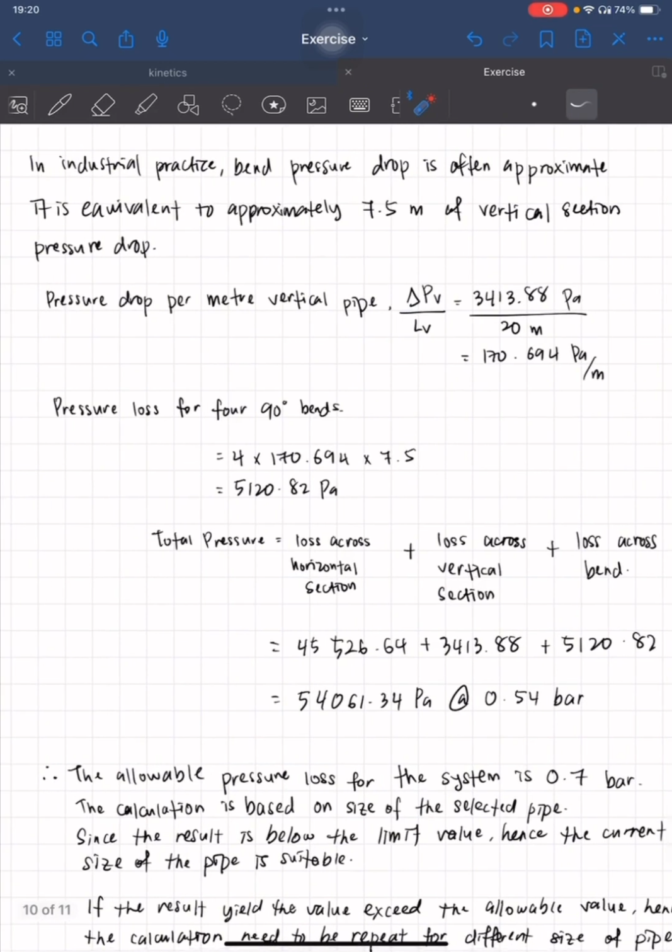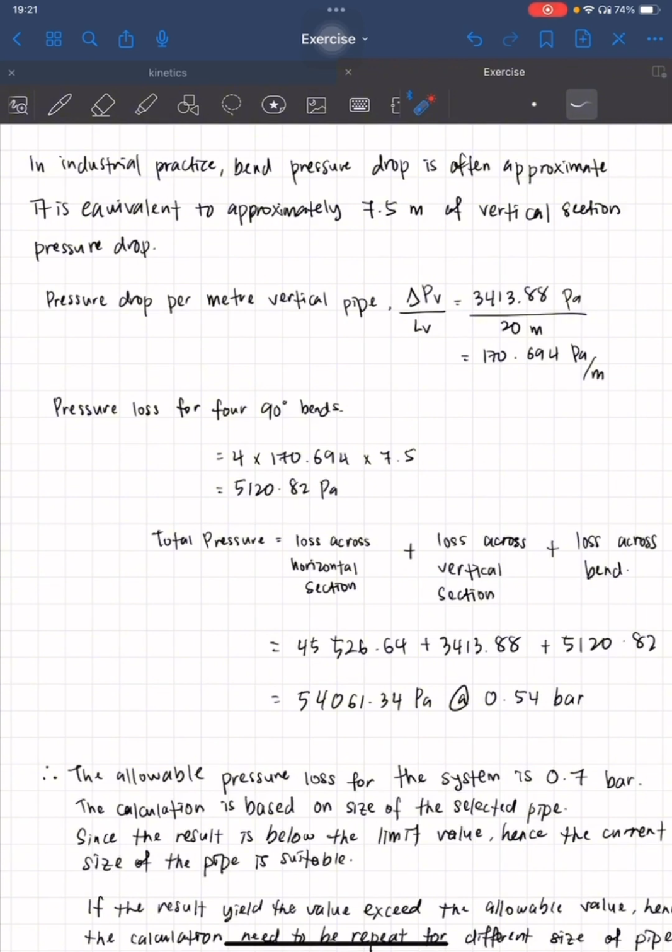Then for the total pressure drop for the 90-degree bends, we multiply by the number of bends, which is 4 bends, and we multiply by the pressure drop, and then multiply by 7.5, which as mentioned earlier, the pressure drop for a bend is usually equivalent to the pressure drop for 7.5 meters of the vertical part.